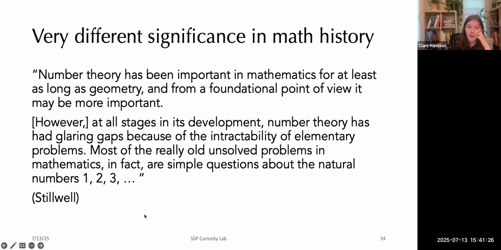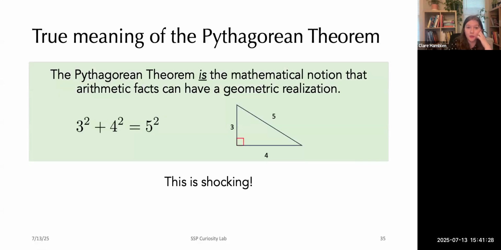So again, we can now come to the true meaning of the Pythagorean theorem. I defined this earlier as having a true meaning: that the Pythagorean theorem is the concept that arithmetic can be realized in geometry, and that geometry can be used to answer questions of arithmetic. And I hope by now you understand how shocking this is.